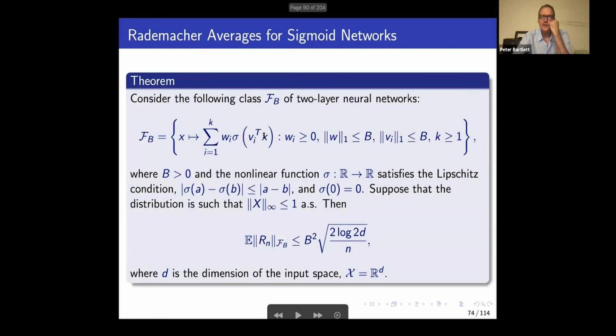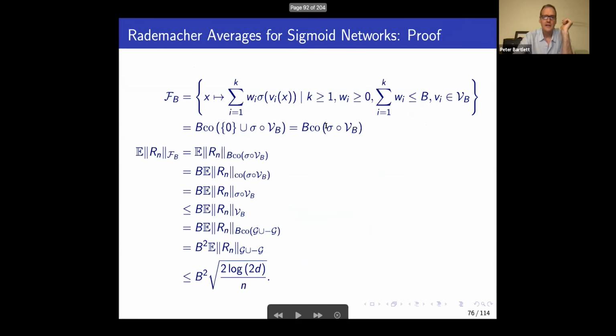Then I'm taking those first layer functions, passing them through a Lipschitz nonlinearity, and then taking those K distinct functions and combining them again with a scaled convex combination. I did maintain this positivity constraint, but you can see we don't need it. We could have done the same trick by negating these things and taking a convex hull of a union of this with its negation, but we didn't do that. I left the positivity in there, but it's exactly the same thing.